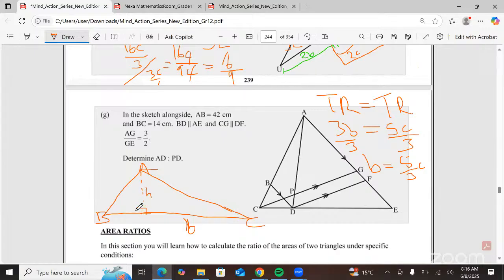Now what is going to be the area of this triangle? Can anyone give it a try? Sir, can I try? Yes, you can give it a try.